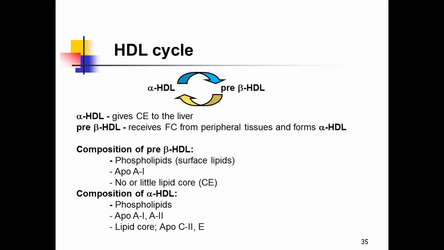So it is lipid-poor. Alpha HDL, in addition to the surface phospholipids and ApoA1, also has ApoA2. The most important thing is that alpha HDL has a lipid core, which contains a lot of cholesterol esters. It also has ApoC2 and ApoE.